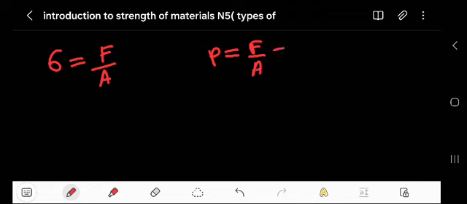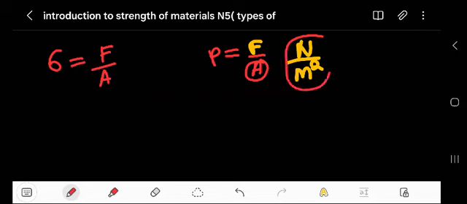Remember what force is measured with: its SI unit is Newton. But what about the area? The area is measured in meter squared or square meter. That means Newton per meter squared is equivalent exactly to what? Pascal. Are we good with that?